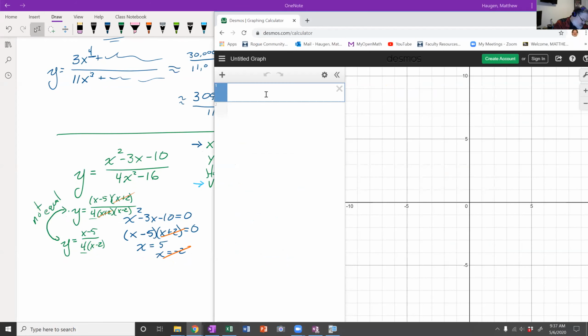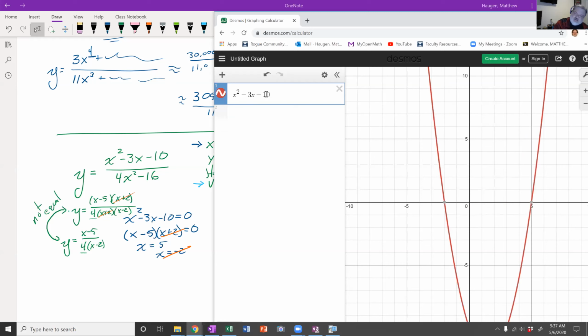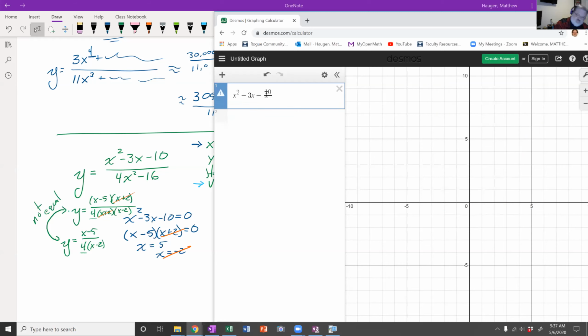So let's graph it. Let's graph x squared minus 3x minus 10, divided by, I don't want that division.